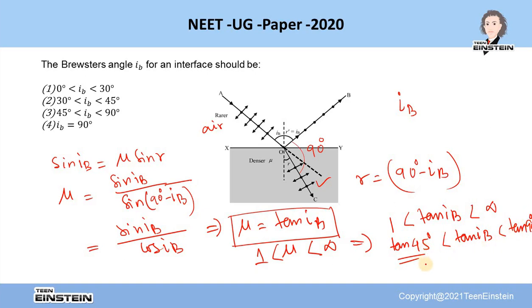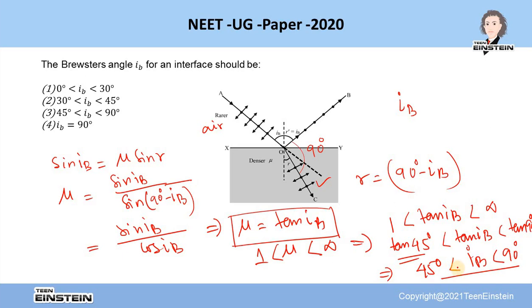Okay, so if we take inverse of all this, then you can see from here it obviously implies that iB is less than 45 degree, sorry, greater than 45 degree and less than 90 degree.